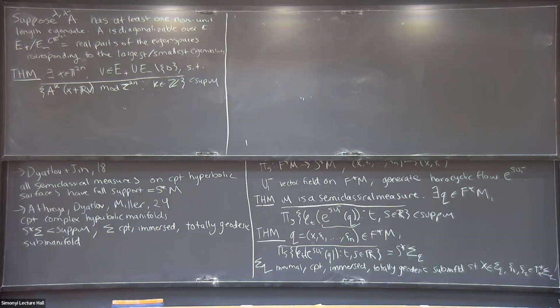The first example was due to Faure, Nonnenmacher and De Bièvre, and they found an example in 2 dimensions that has full support, but it is not the uniform measure. And I was able to generalize their example to 4 dimensions to find an explicit semiclassical measure whose support matches this setup here, but the semiclassical measure does not have full support. So now to compare these 2 results.